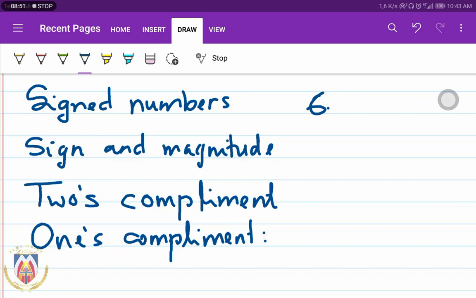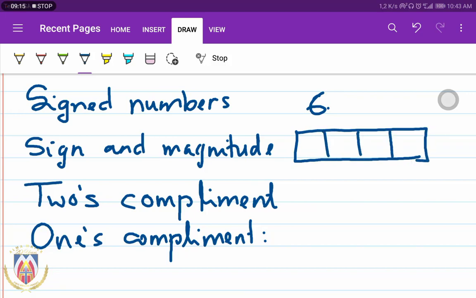Now there are a number of conventions, or methods, used to deal with this signed number issue. The easiest to understand is the sign and magnitude convention. It goes like this. I will use a smaller register to make my life a little easier, so I will use a 4-bit register.